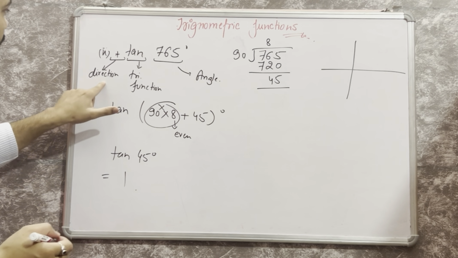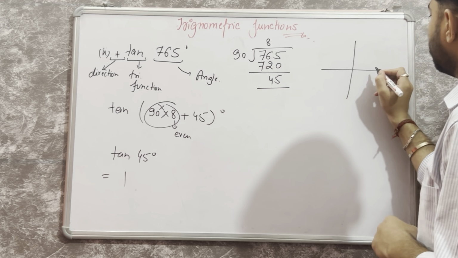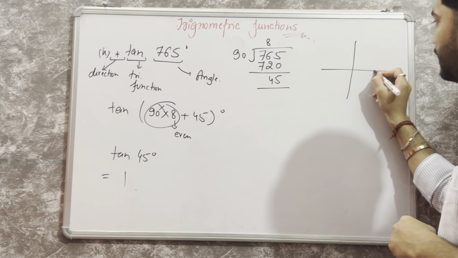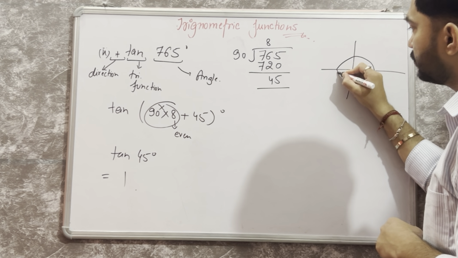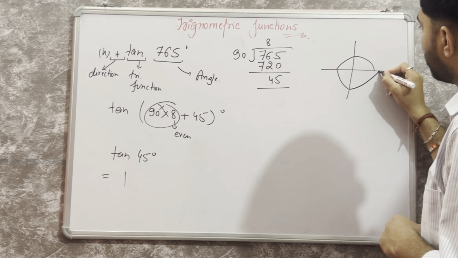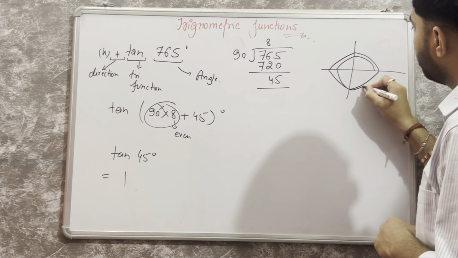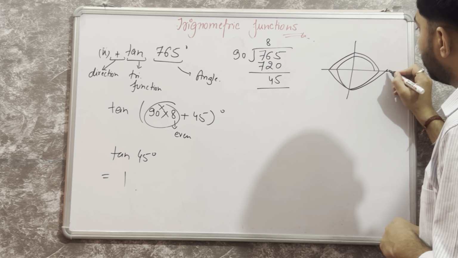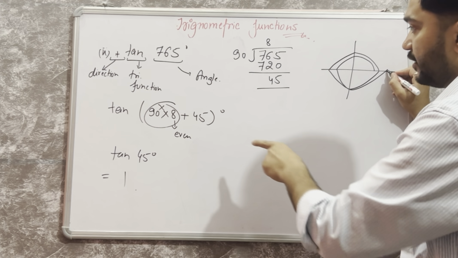What do you mean by direction here? How do we find the direction? We count here 1, 2, 3, 4, 5, 6, 7, 8. We reach here on 8, 90 into 8, and then 45.